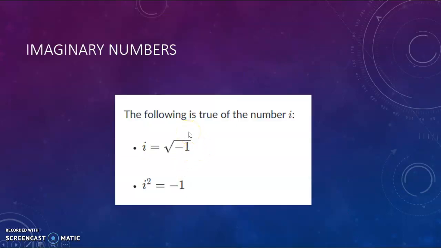So in imaginary numbers, we have this thing called i, and we're defining i as the square root of -1. So then i squared is -1, because if I square both sides of these, that means that it comes out of the square root to be -1.